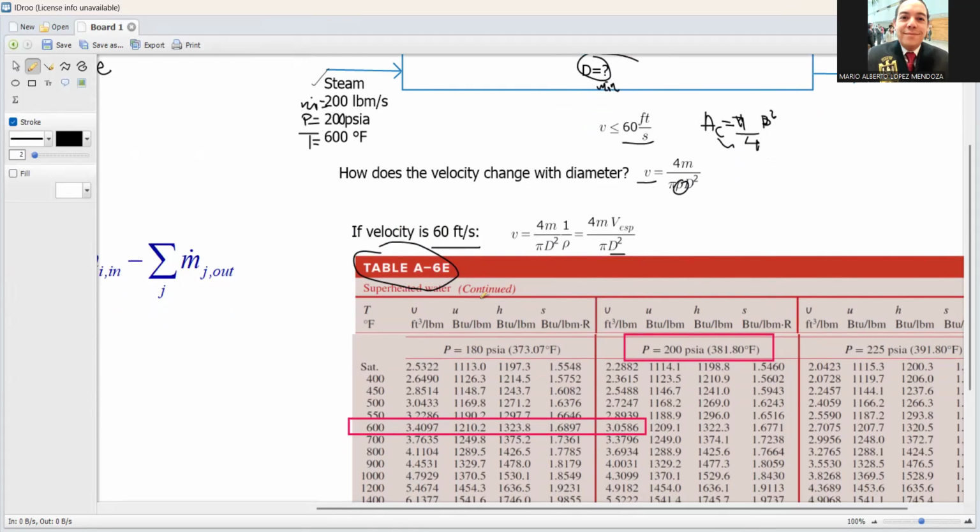So how do we know that this is superheated water? If you remember, in this table, at first we have the pressure of the steam, 200 pounds per square inch, and in the parentheses we have the saturation temperature for this pressure. Remember that this temperature is just the temperature at which we hope that water boils.